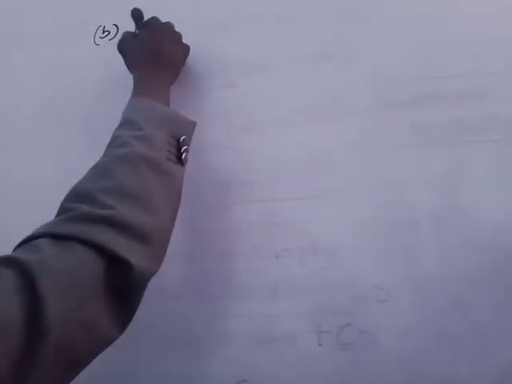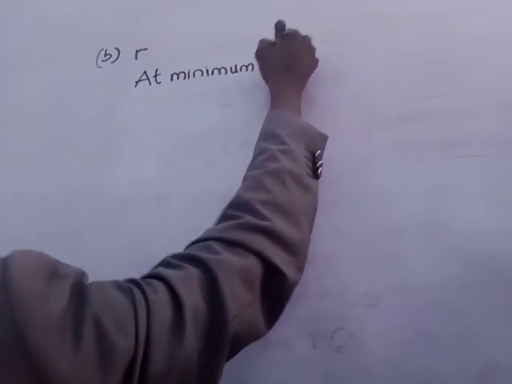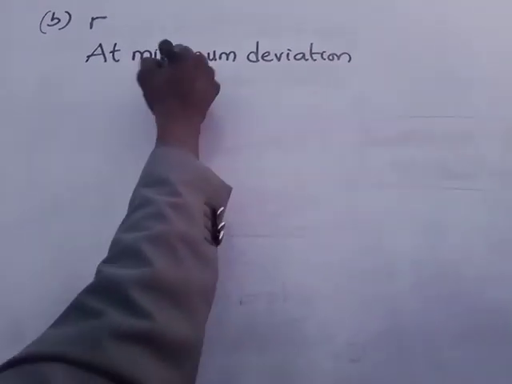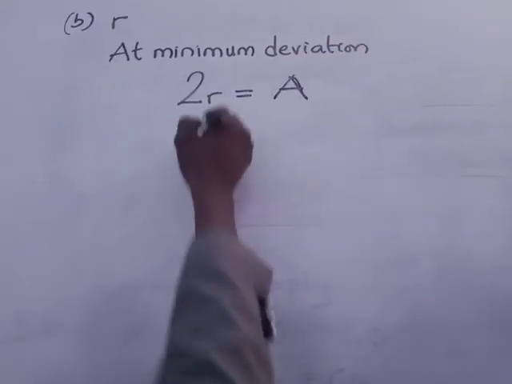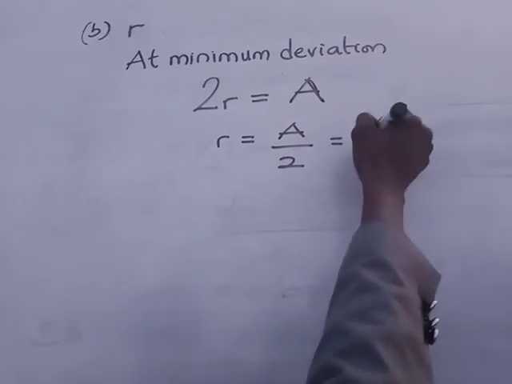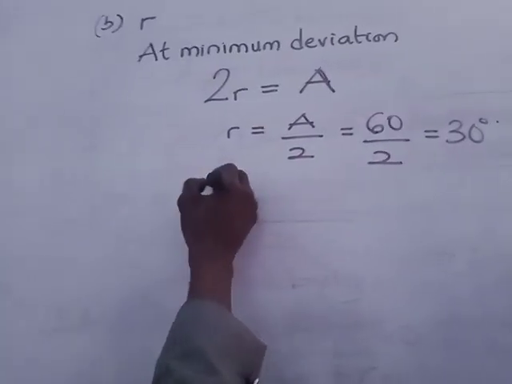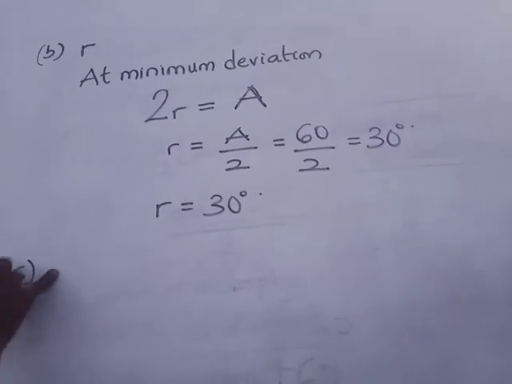But now I want you to note that at minimum deviation, when you are working on a triangular prism, 2R equals A, and A is the refracting angle, so R will be A over 2, and A is 60 over 2, and that's 30 degrees. So the angle of refraction R is 30 degrees.